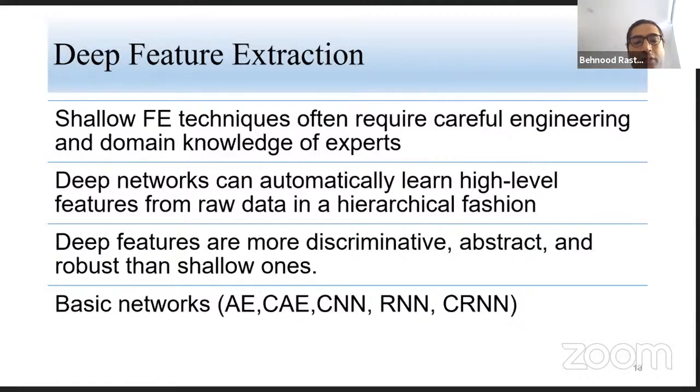Deep features are more discriminative, abstract, and robust than shallow ones.